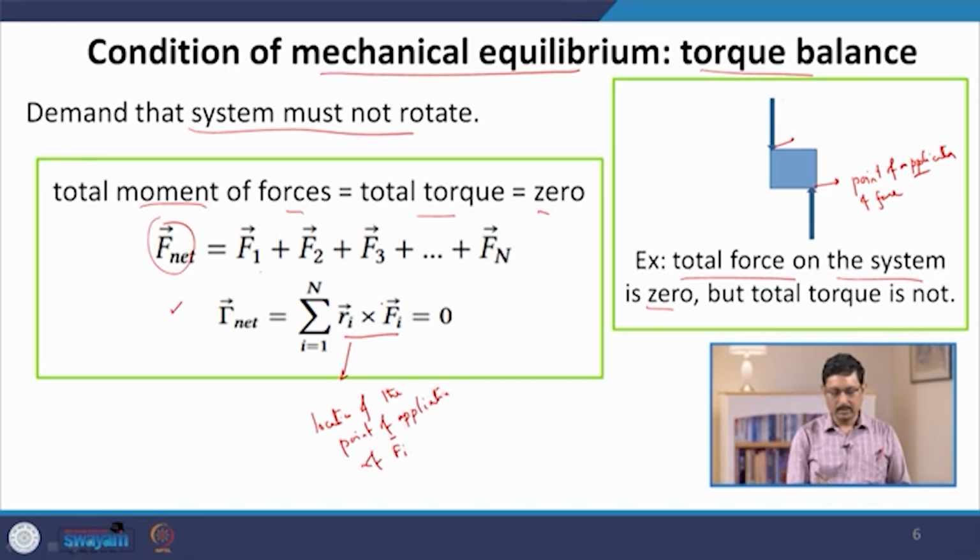Then this represents the torque generated by the force Fi, and if you add up all the torques or all the moments, then this resultant moment must be 0. This is the second condition required for mechanical equilibrium.